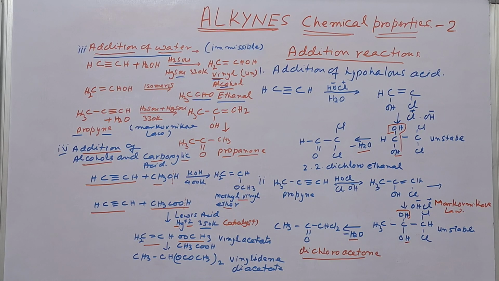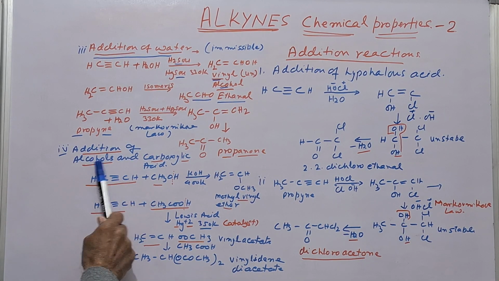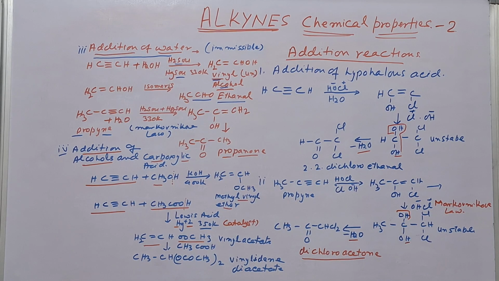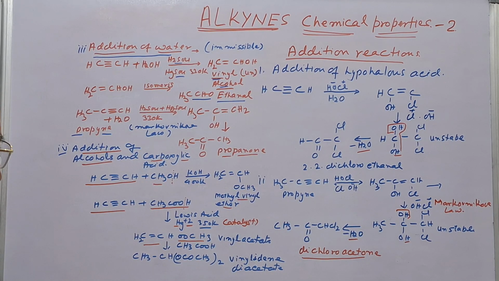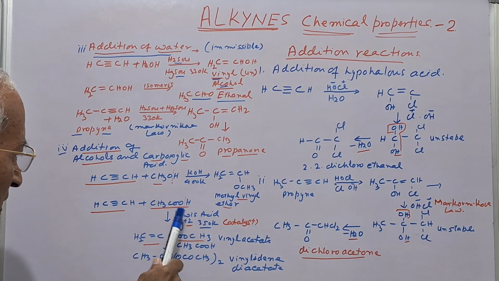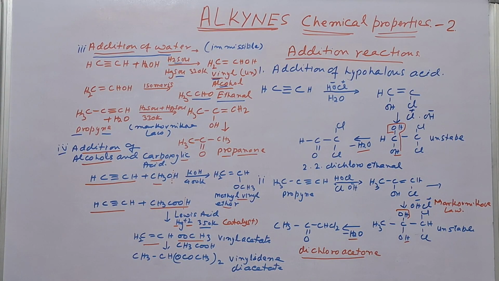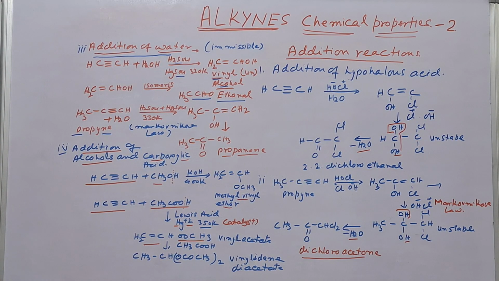Now the next is addition of alcohols and carboxylic acids. You see, alcohols and acetic acid break to form alkoxides and hydronium ions.